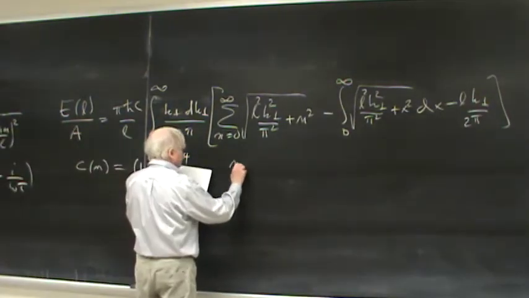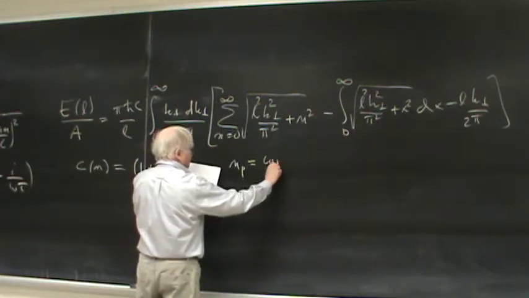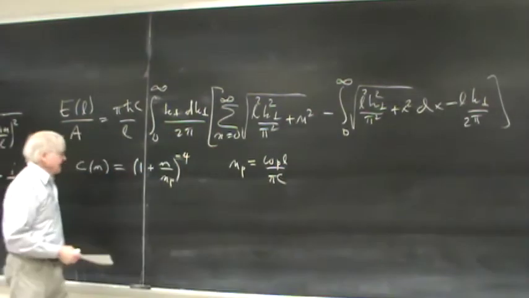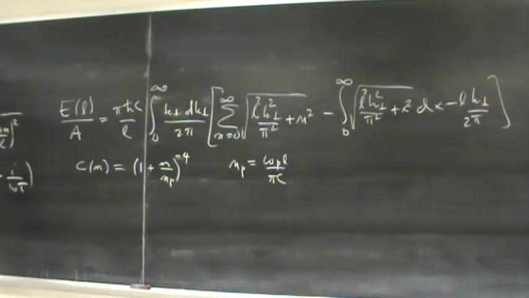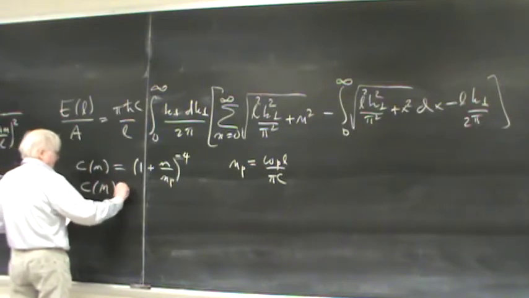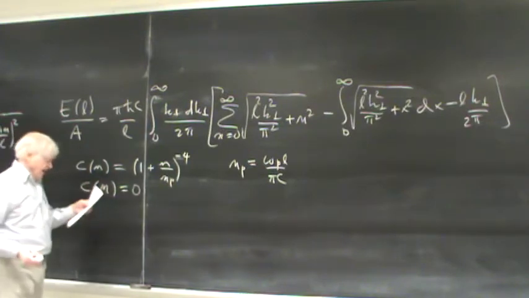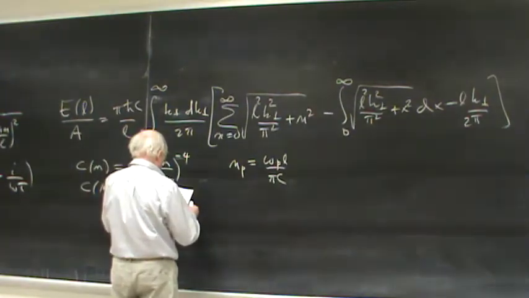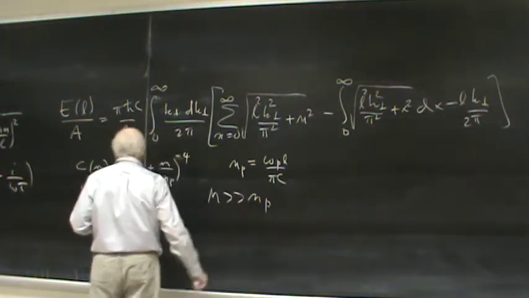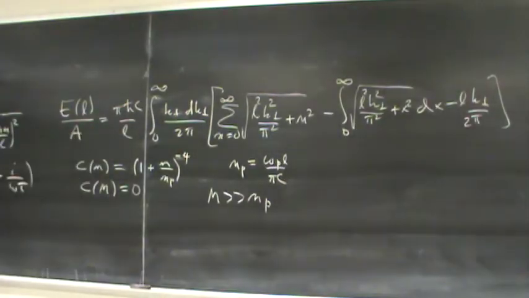N plasma is omega plasma L over pi c. And moreover, something that I probably should have said in the book but didn't is I'm going to assume that when we get to C of m, I'm going to set that equal to 0, where m is some m much greater than n plasma. So in other words, that one is going to be actually 0.